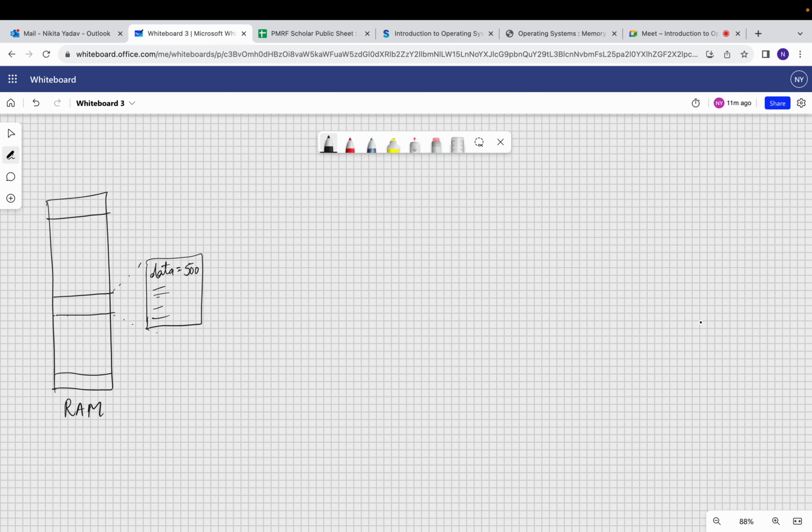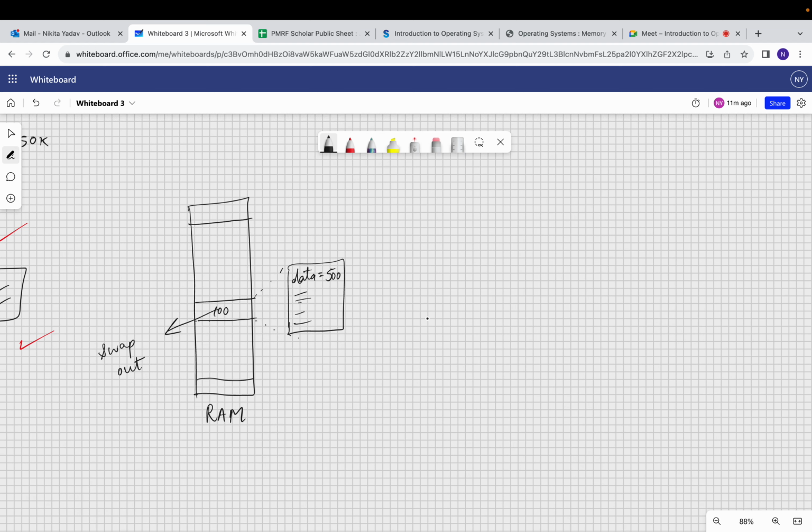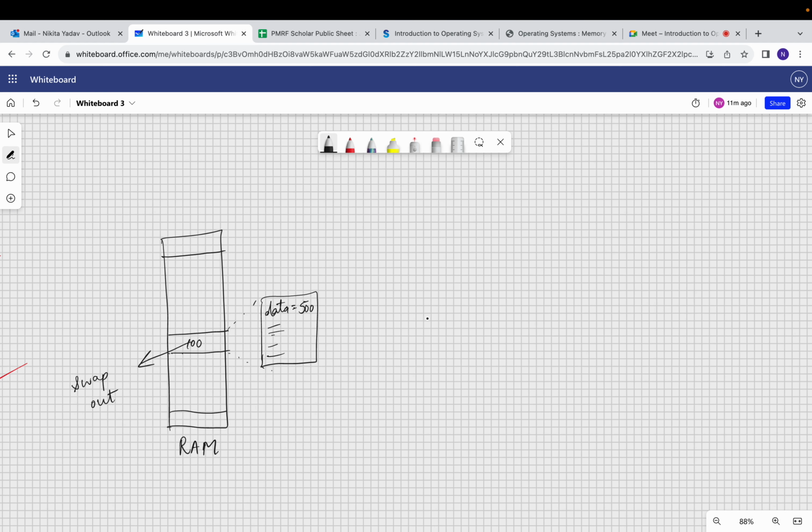Now when this page, say page number 100, has to be moved out or swapped out, swap out means that it is moved from RAM to the disk.